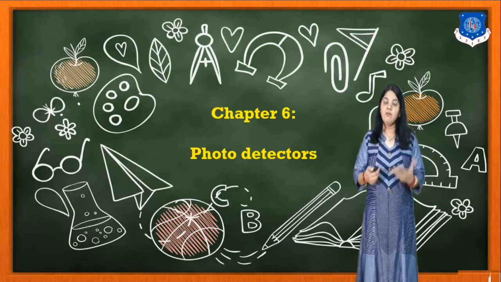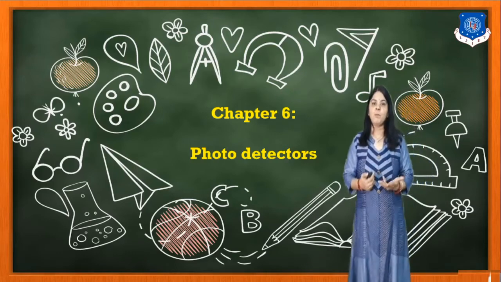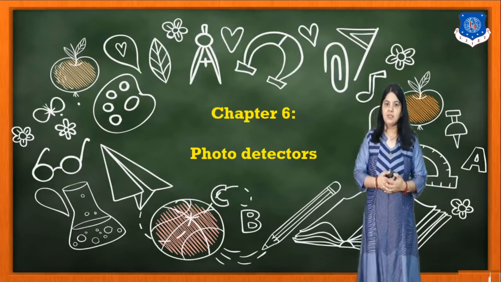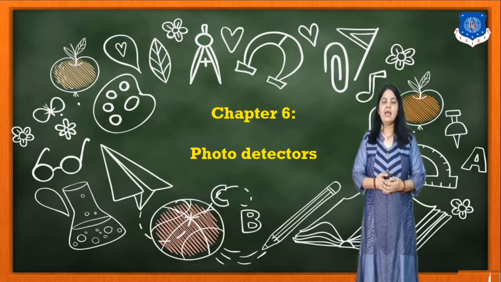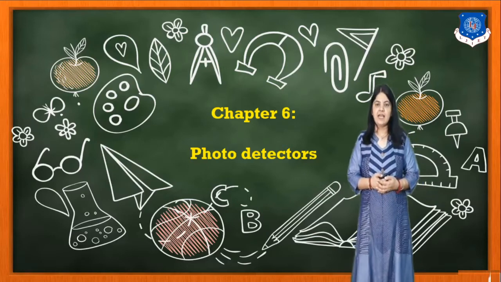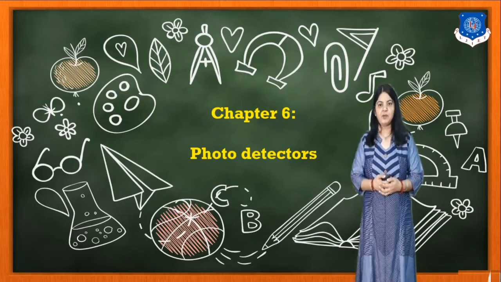Till now, we have learned about the block diagram of fiber optic communication. In that, the sources used at the transmitting end were the LED and the laser. The function of the LED is to convert the electrical energy into the optical form, and information passes through the optical fiber in the form of light.